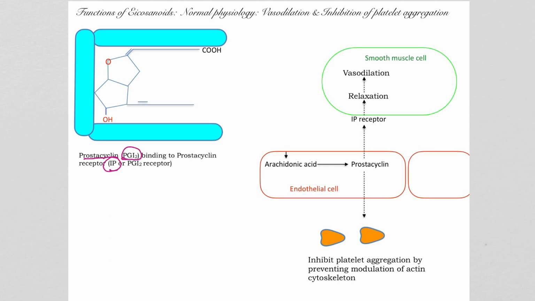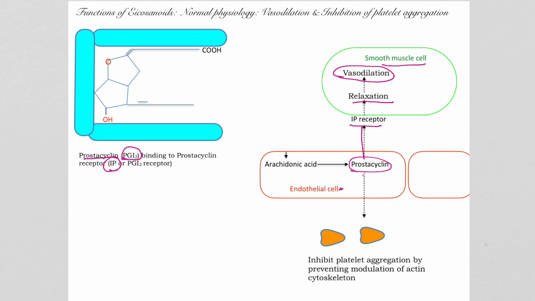Here, for example, endothelial cells produce prostacyclin, which binds to the IP receptor on smooth muscle cells, relaxes the muscles, and the blood vessel increases in dimension, vasodilation.